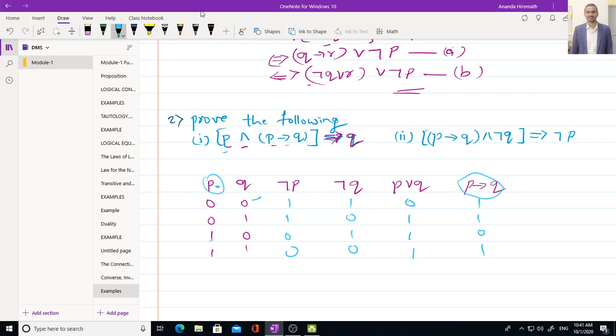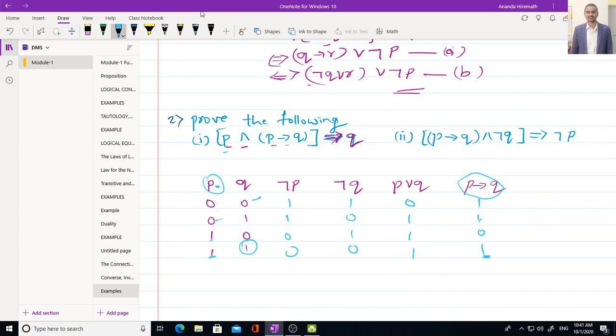Then P is 0, and P conditional Q is 1, so it is not implying. Now whenever P is 1 and P conditional Q is also 1, then Q is 1.